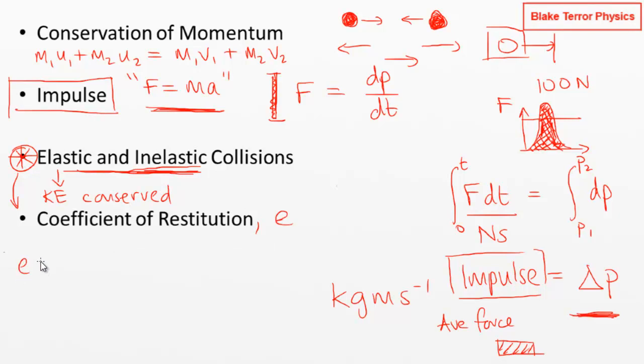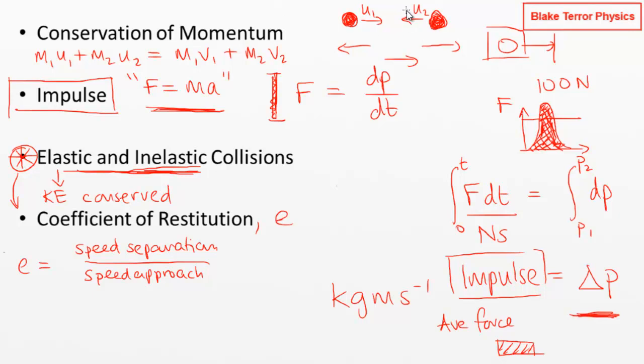So we've got this idea E, and this is looking at the speed of separation divided by the speed of approach. Now, what do those things look like when they're calculated? Well, going back to this picture we had at the top here, if they're coming together here with U1 and U2, now we want to measure all of our velocities in the same direction.